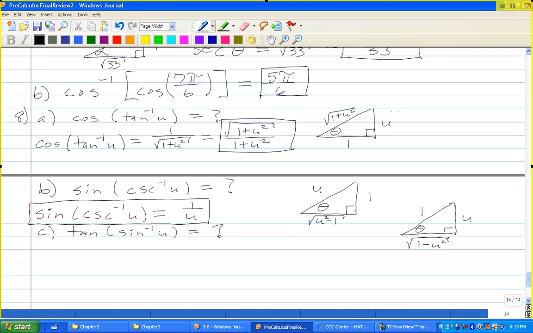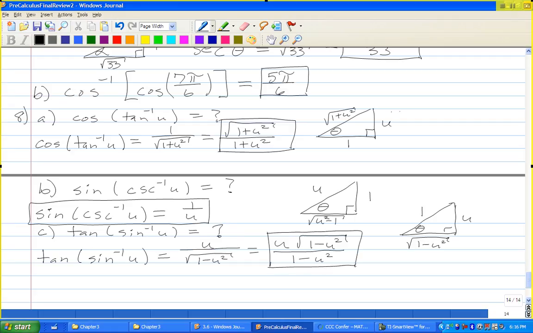And so tangent of arcsine of u is opposite over adjacent, which is u rad 1 minus u squared over 1 minus u squared. And that's your answer.